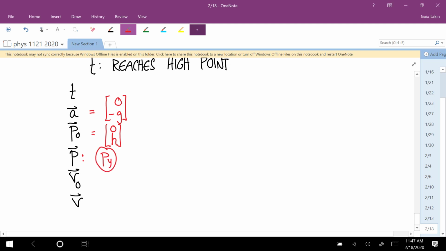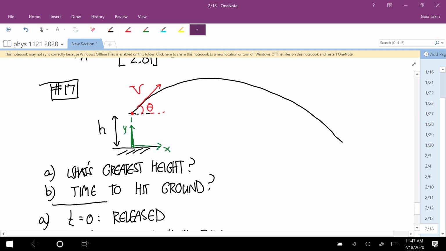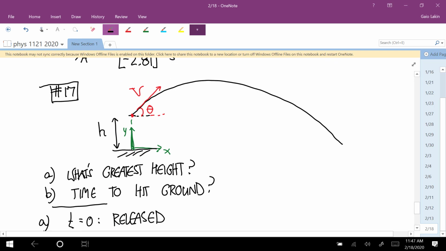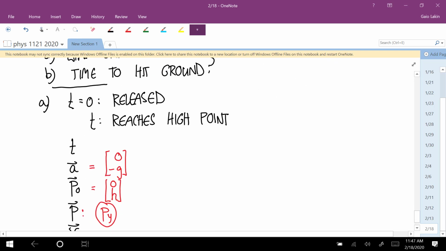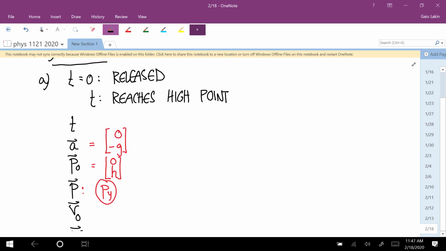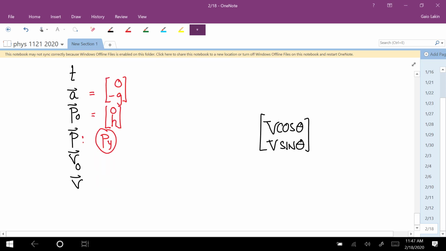So this is what we're looking for. And the initial velocity, to get that, we know that it has a speed, capital V, and it's at this angle, theta. So that initial velocity vector is going to be V cosine theta, V sine theta. So that's this one.